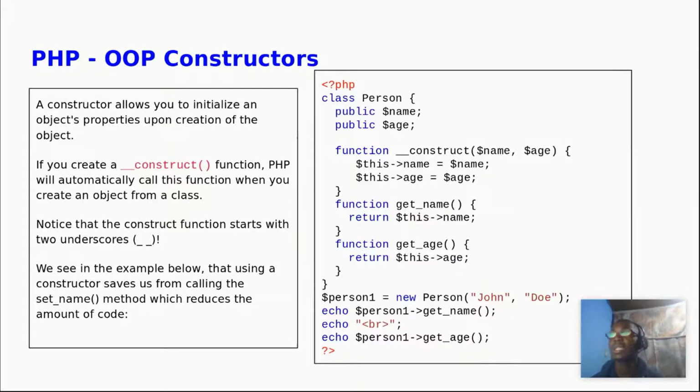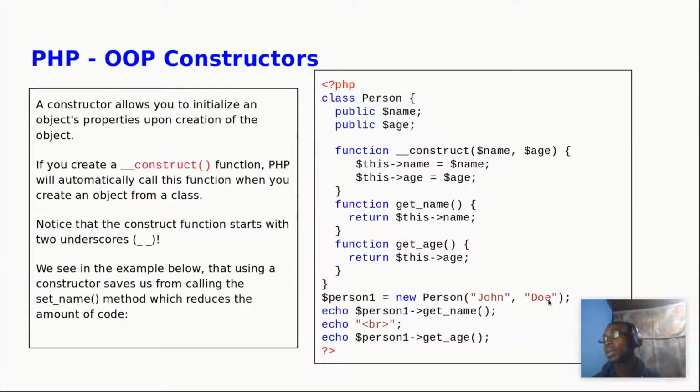So in this case, we have our person class, and the constructor is taking in the name and the age, and it sets the name and the age of the person. So that when you instantiate this class and pass in these values, it takes these values and sets them to be this name and this age. I hope that was clear enough.